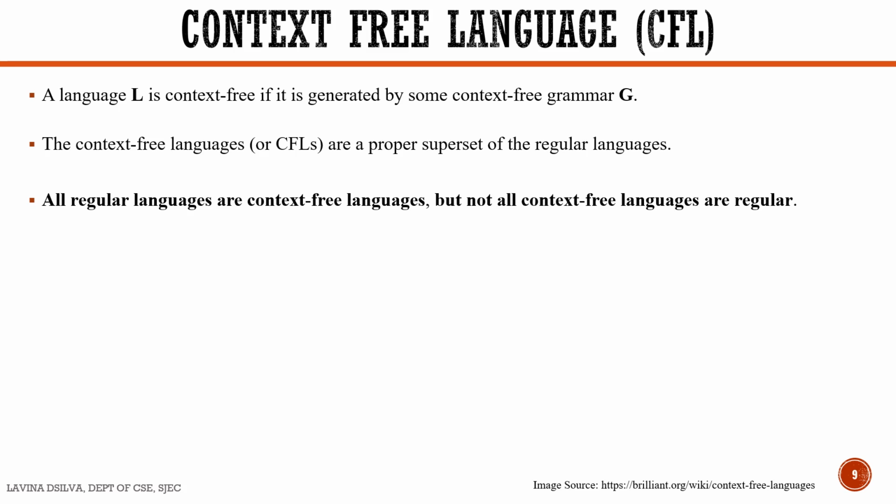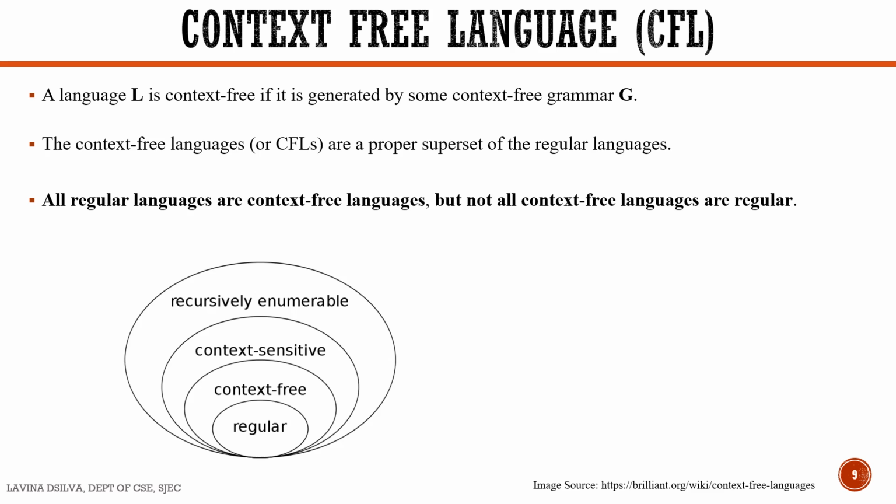This is justified with the help of a diagram. You can see here that the innermost circle consists of regular languages, which is a subset of the context-free languages. So all context-free languages are not regular, but all regular languages are context-free languages.